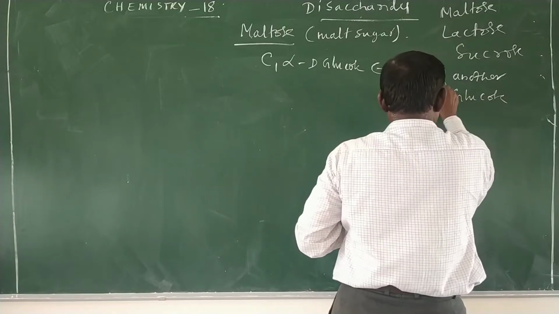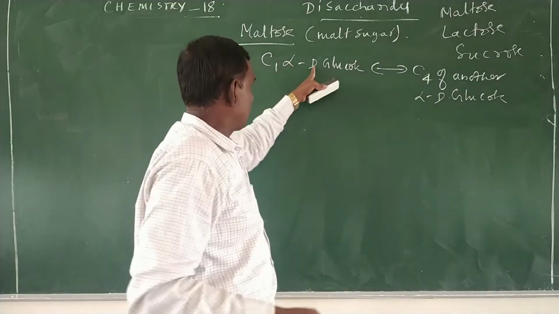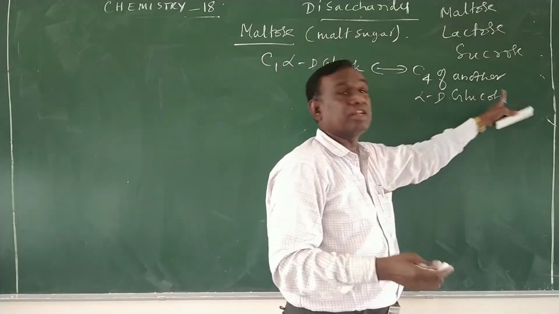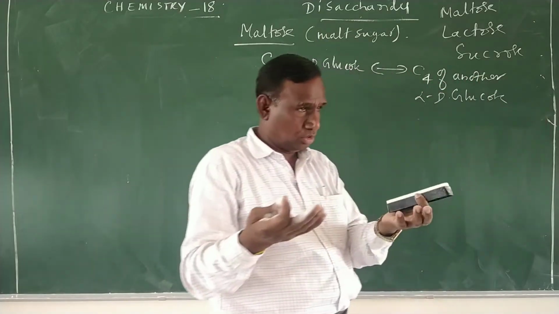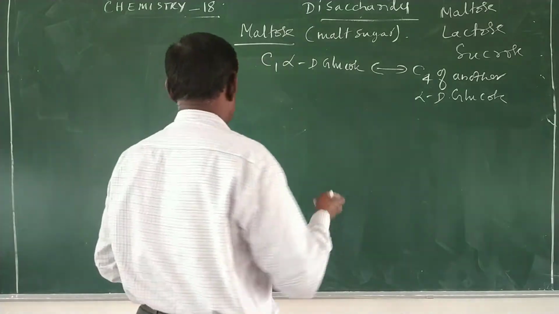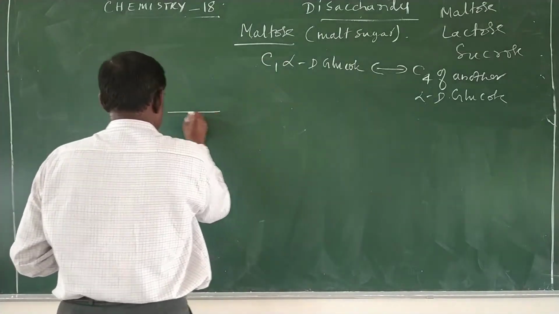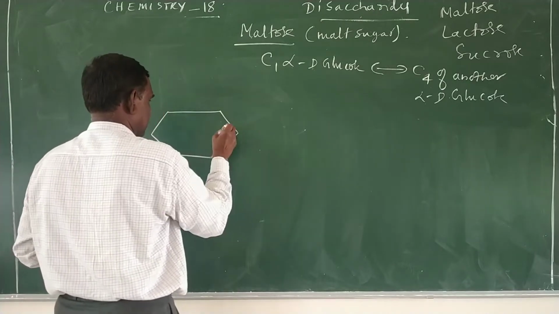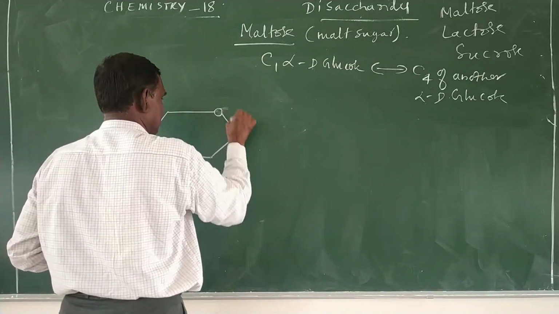Both are alpha D. I am going to write the two alpha D glucose units. That is our structure here. This is the oxygen atom, of course.